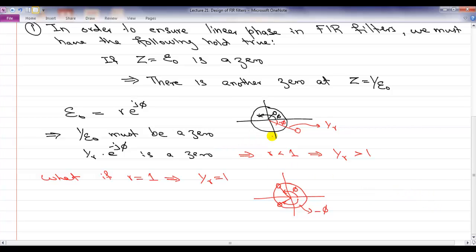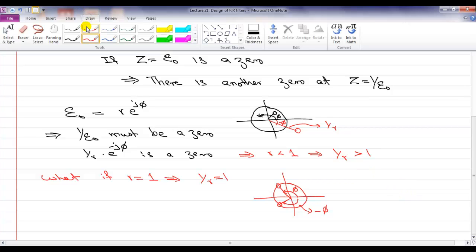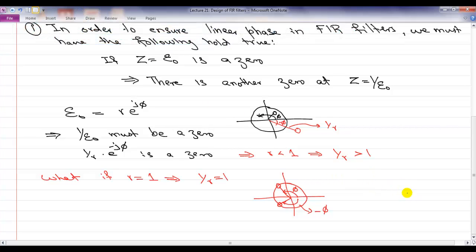And of course, the third condition is just the reverse of the first condition. If I had a 0 outside the unit circle, for example, at angle phi and distance r, then I will have a 0 at minus phi location, and 1 over r.